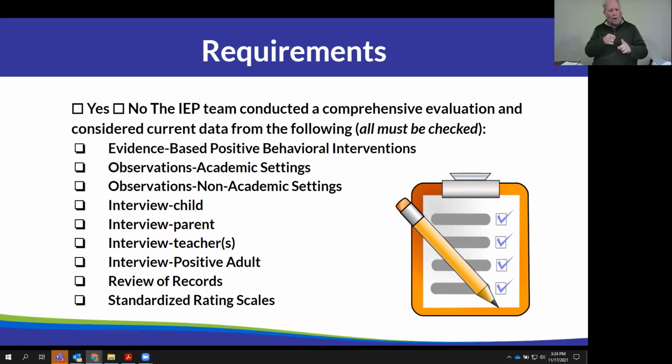But as a reminder, those are to enable teams to make more objective decisions, to minimize the potential impact of implicit and explicit biases on team decisions, especially at vulnerable decision points, which I'll talk about in a little bit, and ensuring multiple specific data sources and methods that provide IEP teams with the ability to determine if the preponderance of evidence documents and supports the identification and the existence of an emotional behavioral disability. This is a really important factor in reducing the extreme racial disproportionality that we have in emotional behavioral disability identifications.